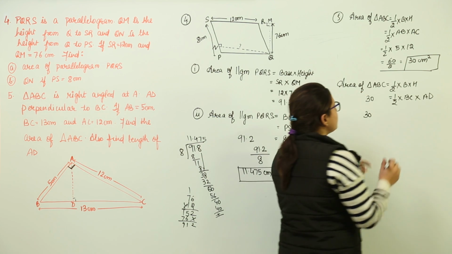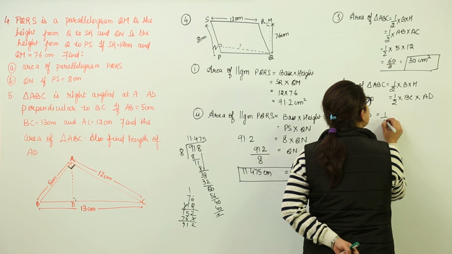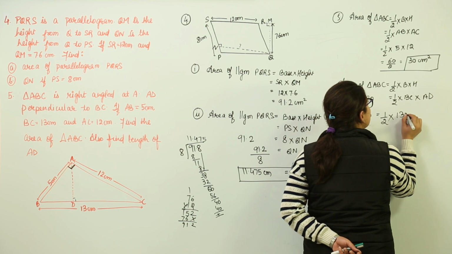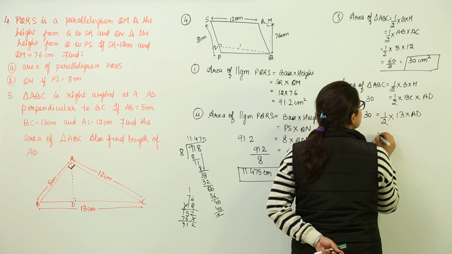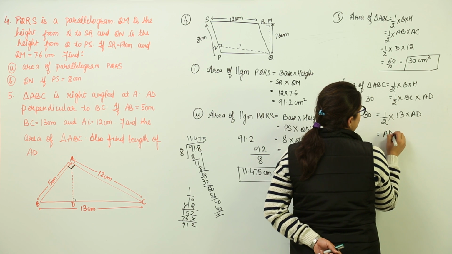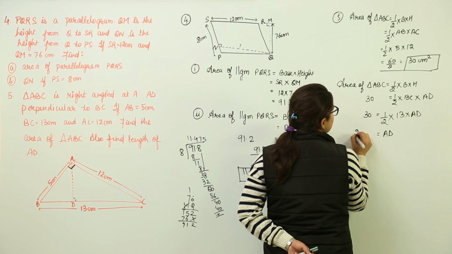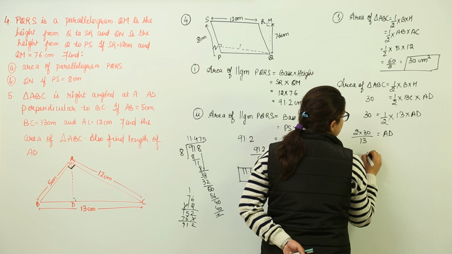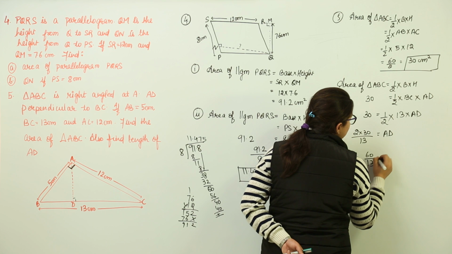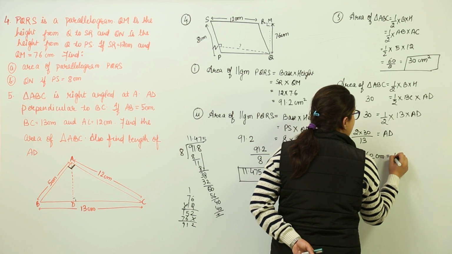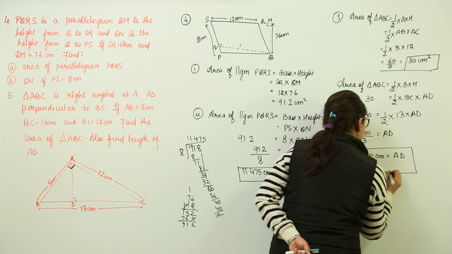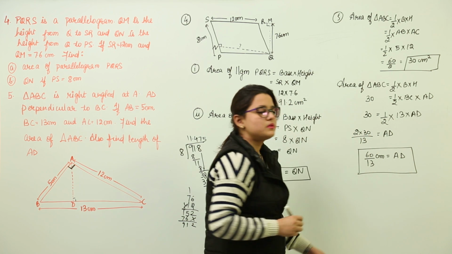So we place that value over the area and we get 1 by 2 into BC, which is also given to us as 13, and we'll find out the AD. So we get AD equal to 2 into 30 whole upon 13. Now you get 60 upon 13 centimeters as AD. You can convert it into decimals or you can leave it as it is. This will be your answer.